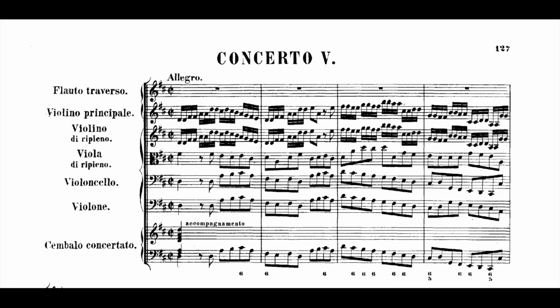So within the ripieno group, there's only one violin rather than the first violin and the second violin, which you always normally find. So maybe the violino principale is the first violin, who's really stepping up to play something, as we'll hear, much more ornamented and grand than his colleague, the other violinist.